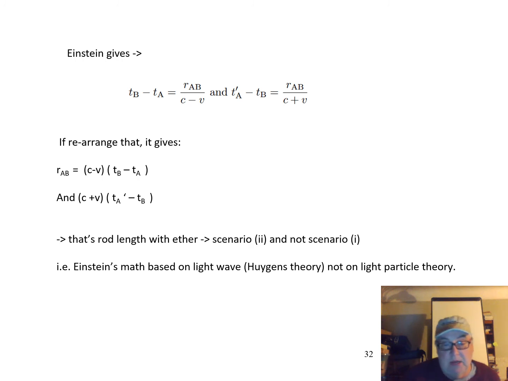And you also get the equation for the rod from the return journey, and that's the rod length with the aether. So that's the case II instead of the case I from earlier. Einstein's math is based on light wave, which is Huygens theory, and not on the particle light theory.